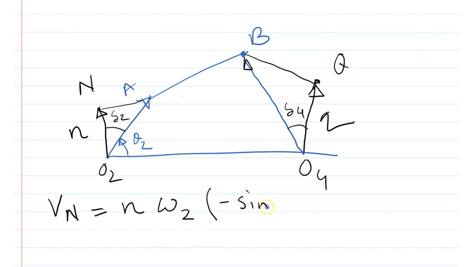And for angle, we need to write theta 2 plus delta 2. Now delta 2 is an angle between the O2N vector and the O2A vector. So the total angle that we are looking for is delta 2 plus theta 2.